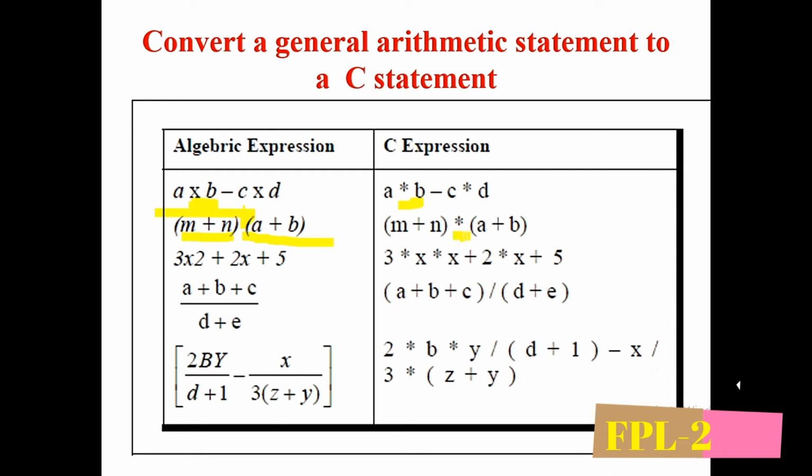In the same way, if we are writing 3x square, x square can be x into x, and 3x can be 3 into x. So we write 3 into x into x. In the same way we can do the remaining ones and evaluate how each can be written in C programming language as an expression.